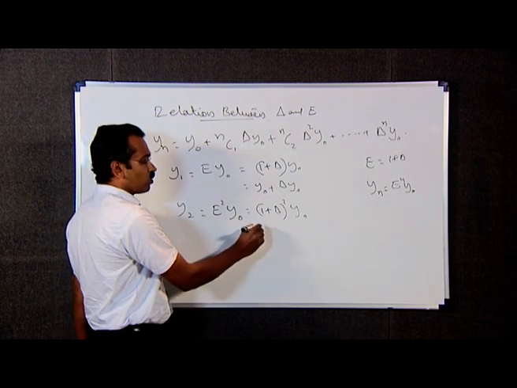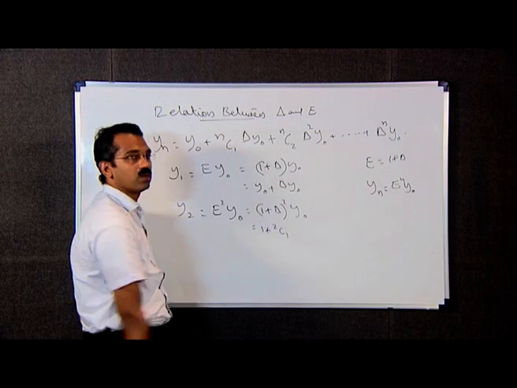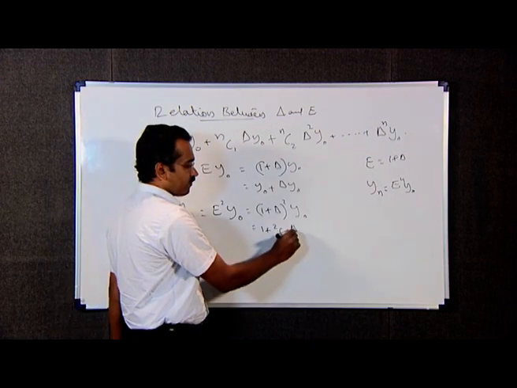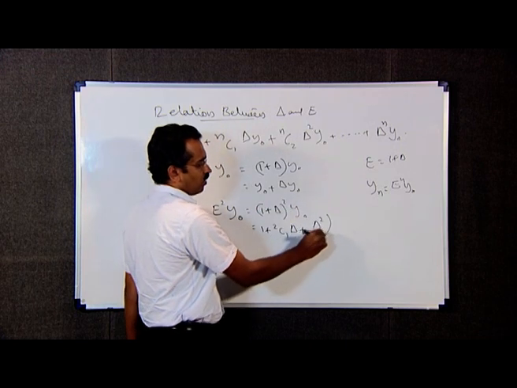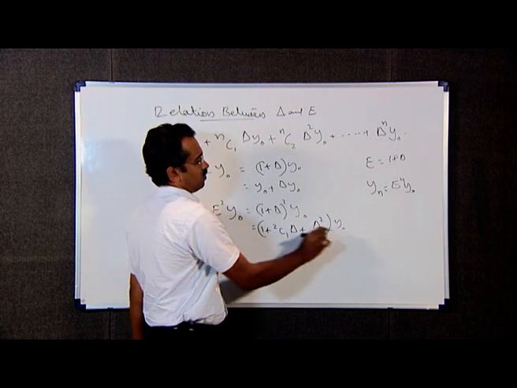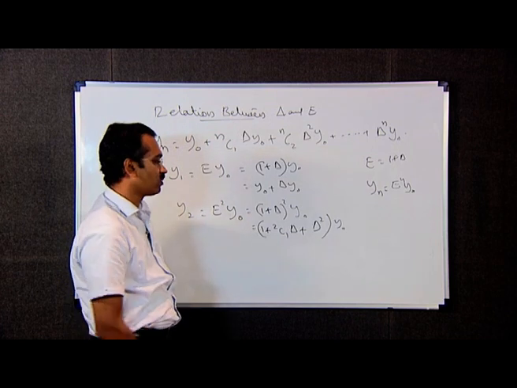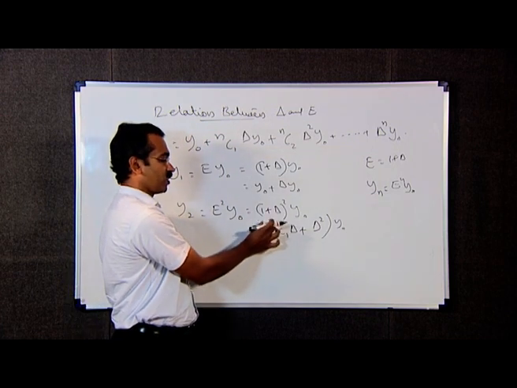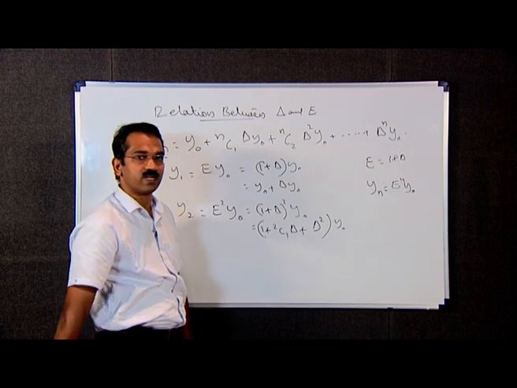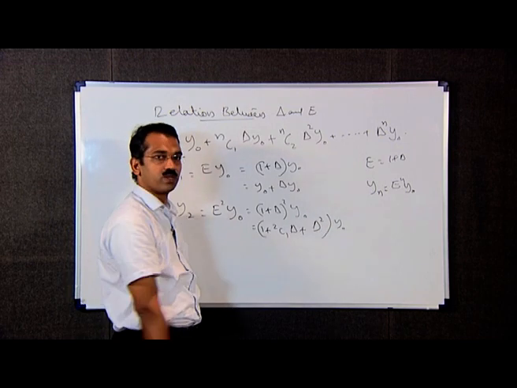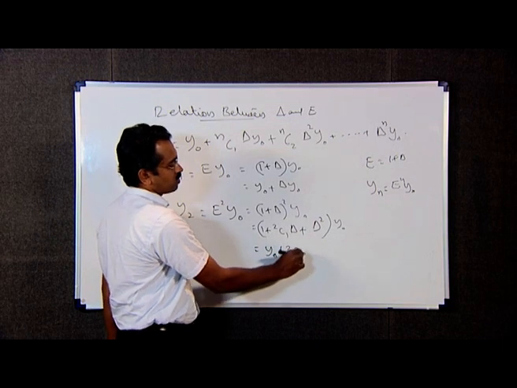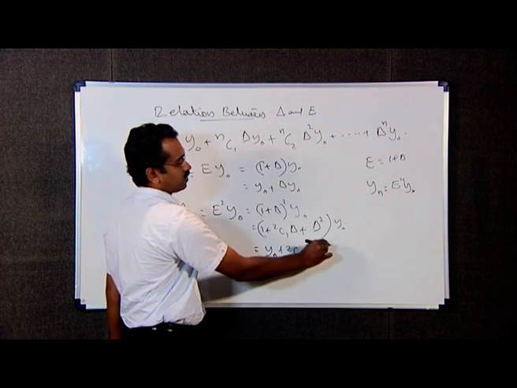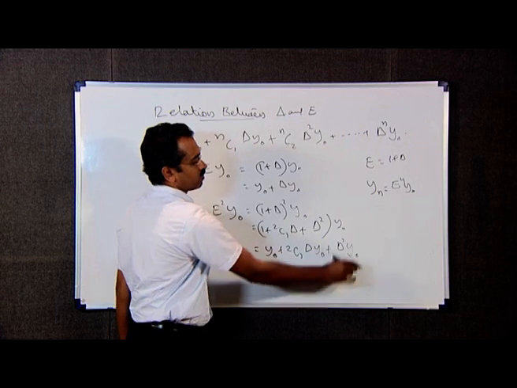By the expansion of 1 plus delta whole square, we can write 1 plus 2C1 delta plus delta square of y0. That is equal to y0 plus 2C1 delta y0 plus delta square y0.